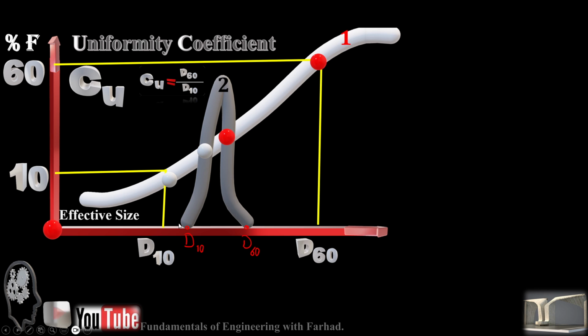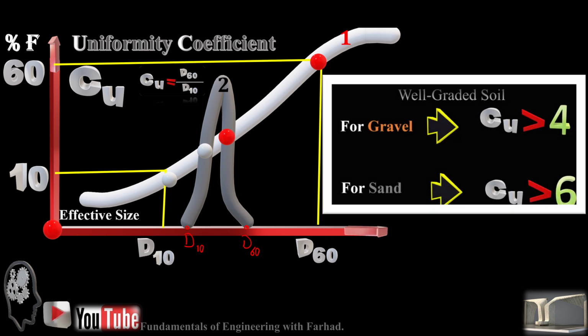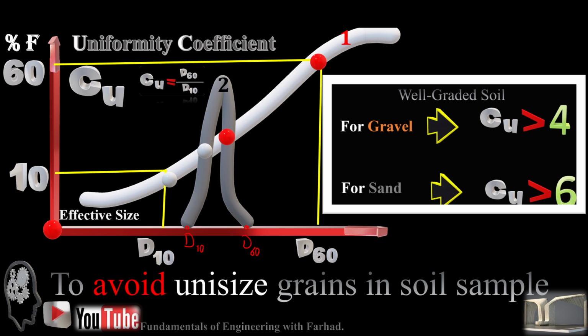The meaning of that is, to avoid having unisized grains in our soil sample, we need Cu greater than a specific number: C sub u greater than 4 for gravel, and C sub u greater than 6 for sand.